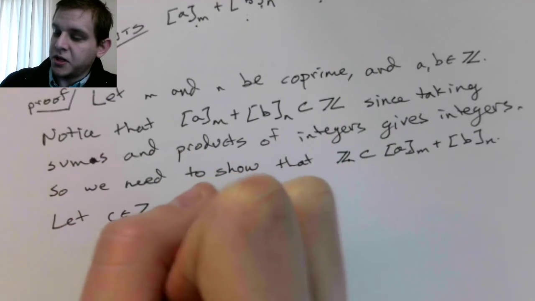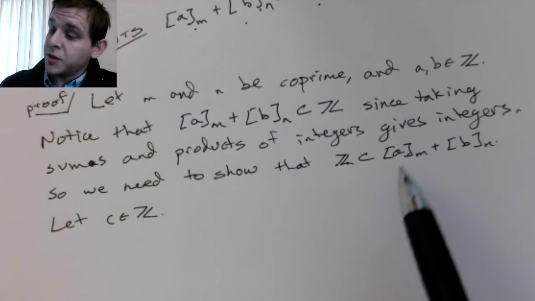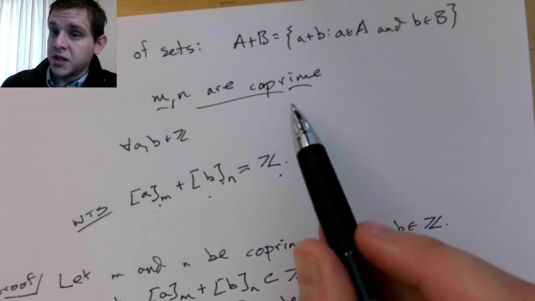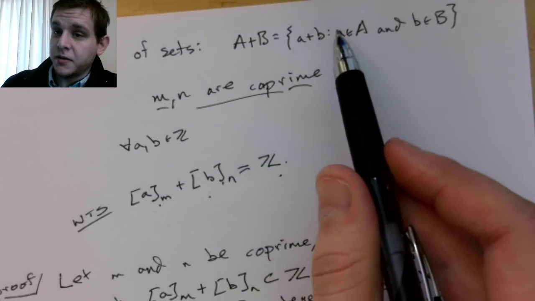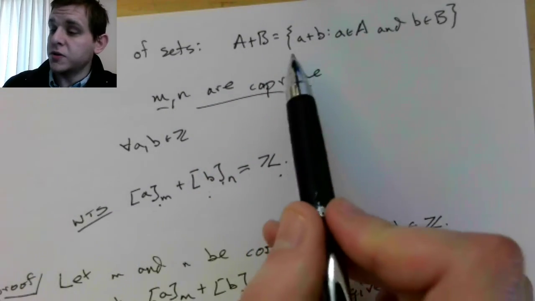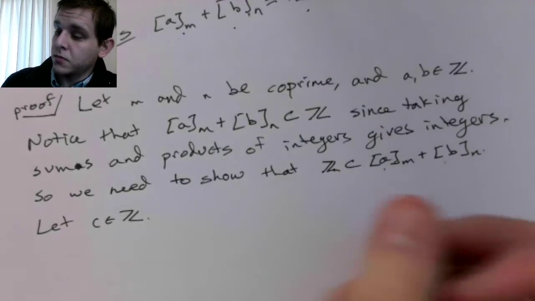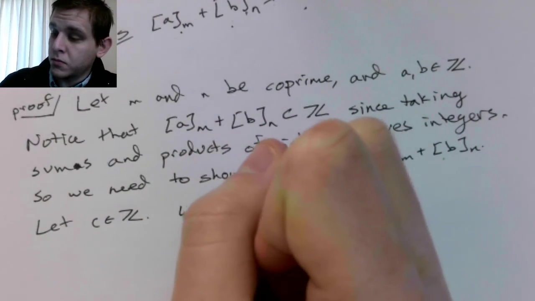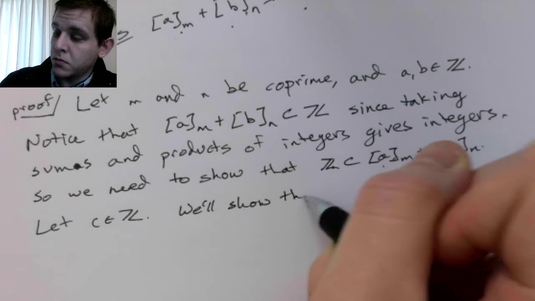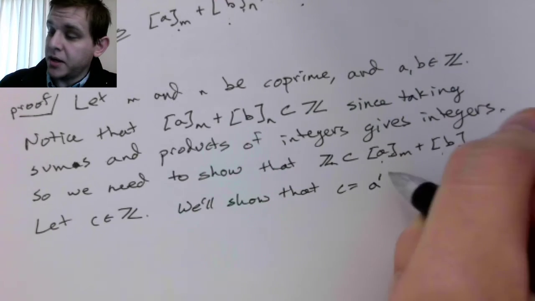So I take an arbitrary element of the left-hand side, which is just some integer c. And now what do I need? This set, the sum of two sets, is defined to be the sum of an element of the first set plus an element of the second set. So I need to show that c is equal to something in A plus something in B. So I'll call it a prime and b prime.